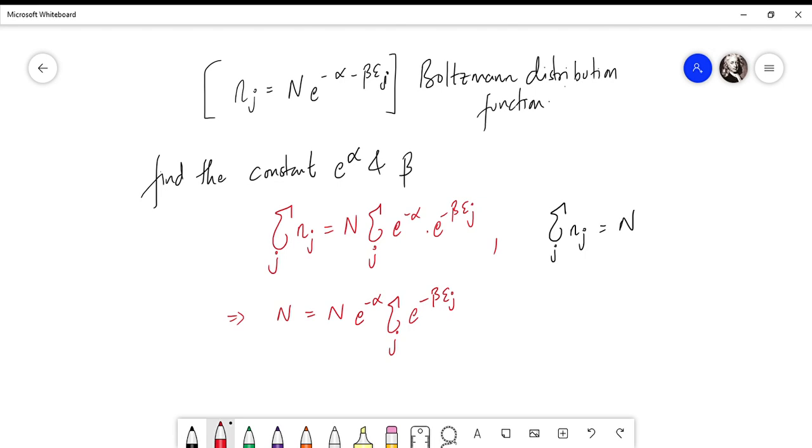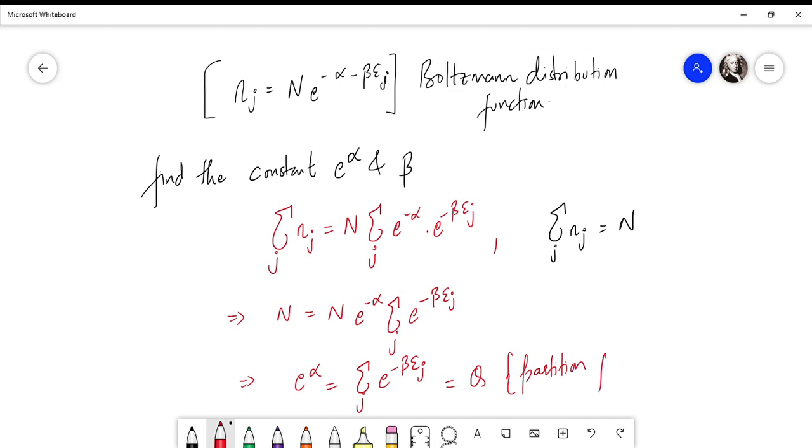So rearranging this gives us e to the alpha is simply the summation over j of e to the minus beta Ej, and this is also called q, or we can say this is the partition function.